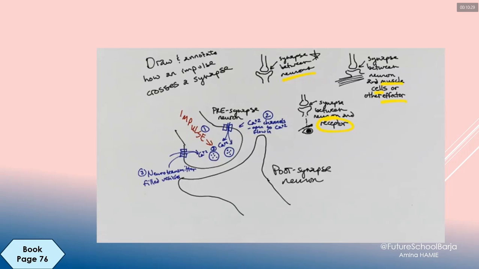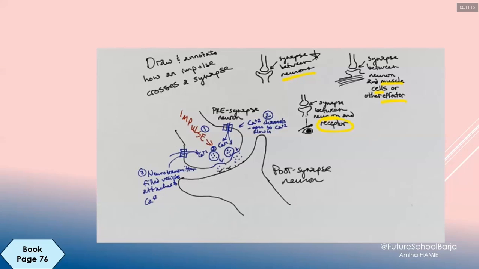Okay, so once the calcium attaches to these neurotransmitter filled vesicles, that is a signal for them to do exocytosis. They're going to merge with this membrane here. Oh no, that's too much of an eraser. Okay, so let's redraw a little bit of that here. They're going to merge with this membrane here, and they're going to dump their neurotransmitters out here into the synapse.